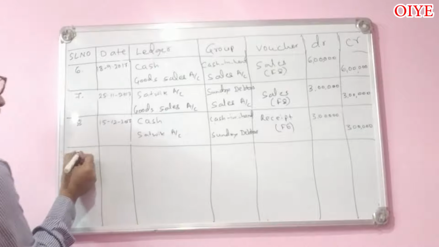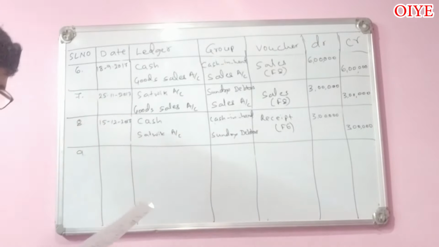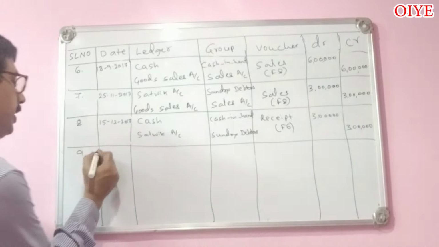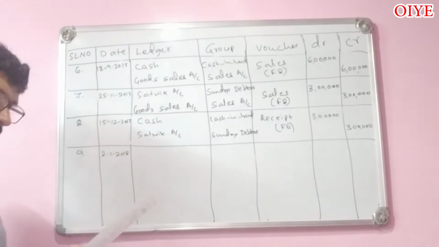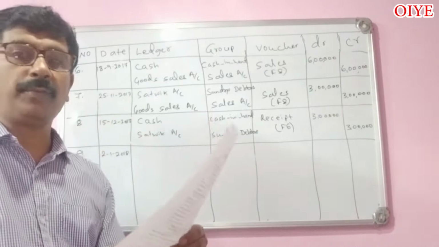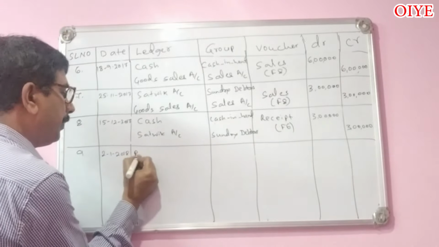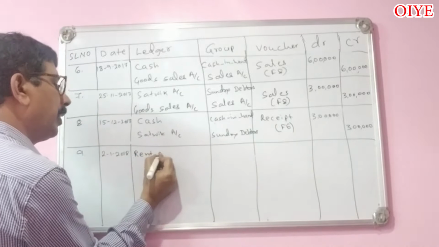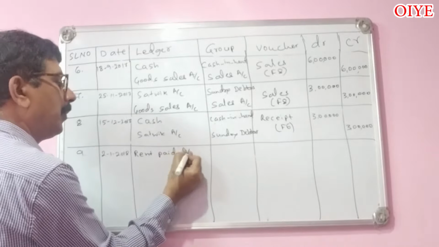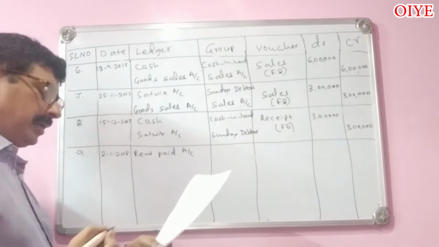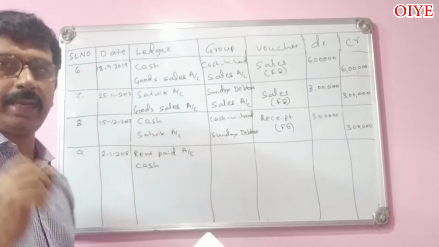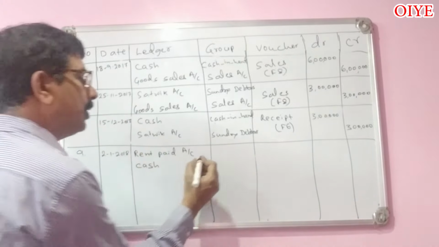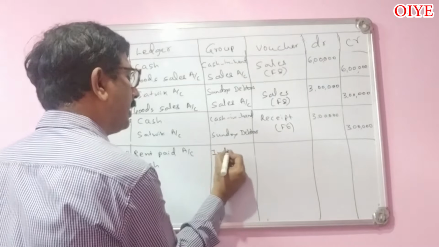Then the 9th entry, 2/1/2018, rent paid rupees 1 lakh. So rent paid account, and the mode is not mentioned, so we take it as cash. Rent paid account under indirect expense.